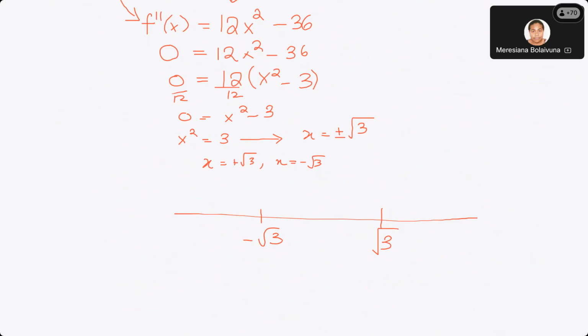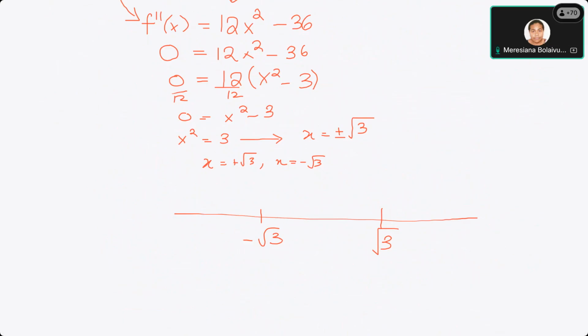What is the decimal value of square root 3? Square root of 3, what's the decimal value? 1.73.